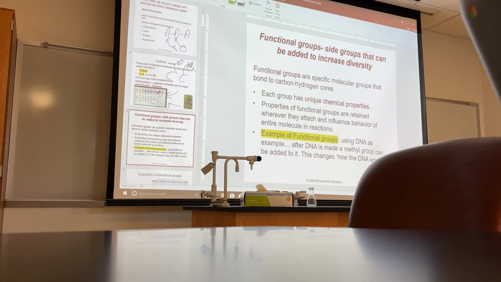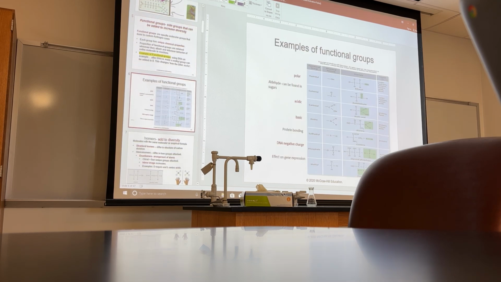Okay, now let's talk about some of these functional groups first. I mentioned to you that of these functional groups, the only ones I really wanted you to know were these two right here.